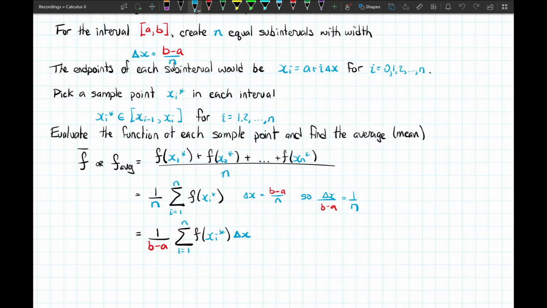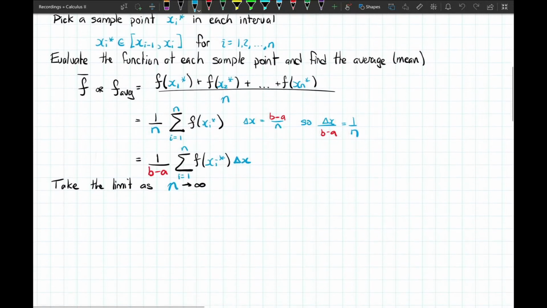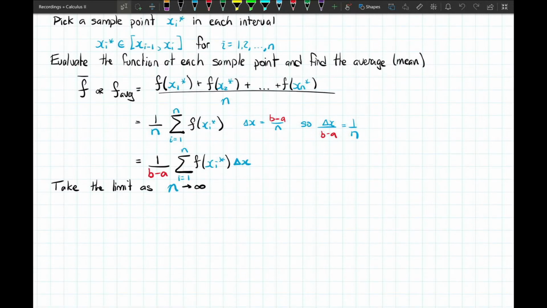We actually do need to take the limit as n goes to infinity, and that's how we're going to get definite integrals. Taking the limit as n goes to infinity, to get the proper f average, we will have to look at this quantity and see what happens as n goes to infinity. Most of it is very familiar, except for this 1 over b minus a.